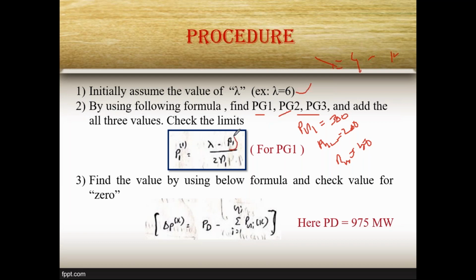These values come from the equations, with alpha, beta 1, gamma 1 already known. After finding PG1, PG2, PG3, first check whether each value is within the limits. If it is within the limits, just leave it.